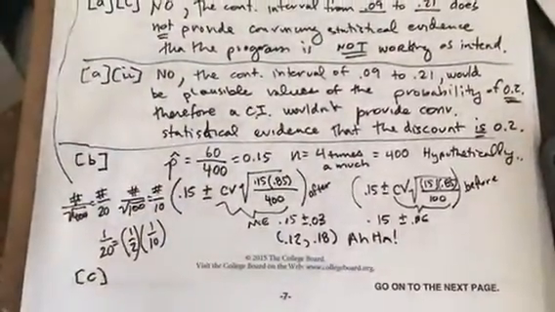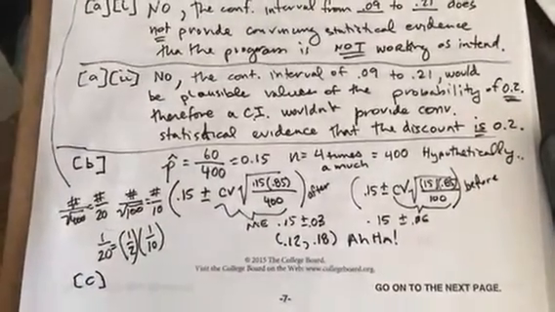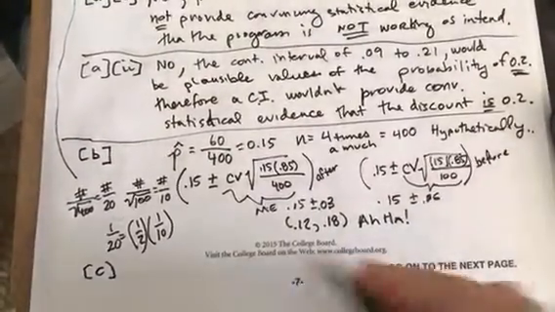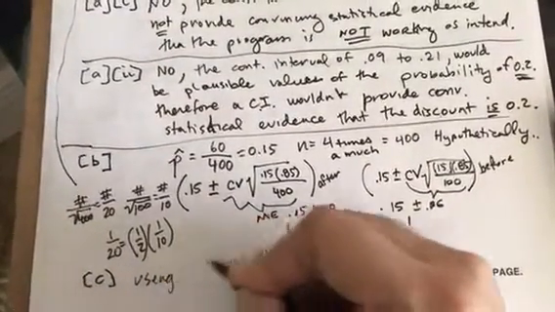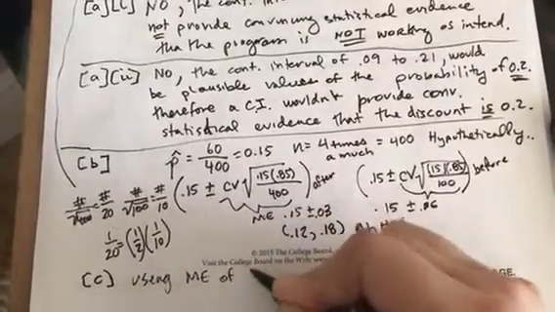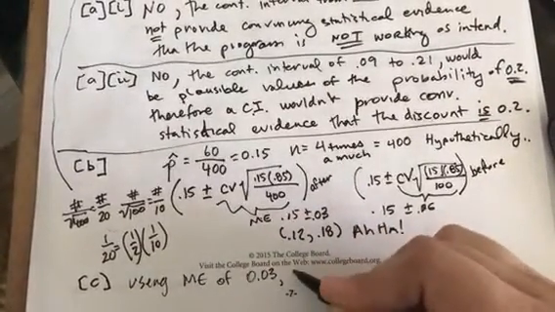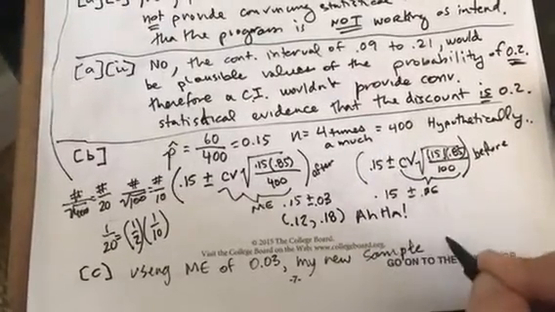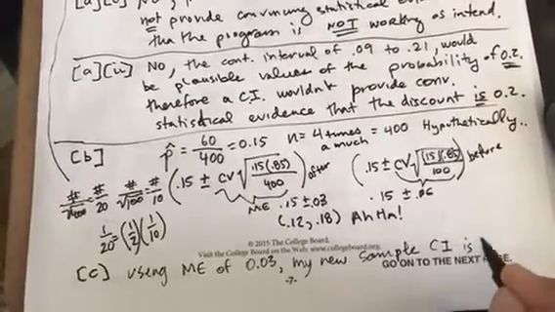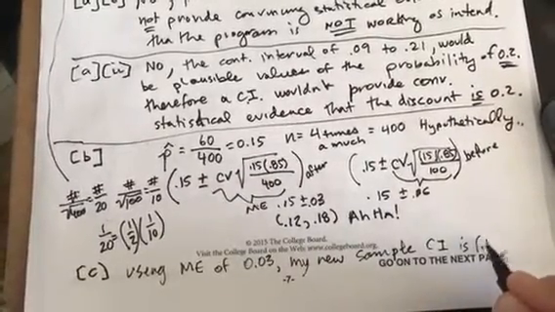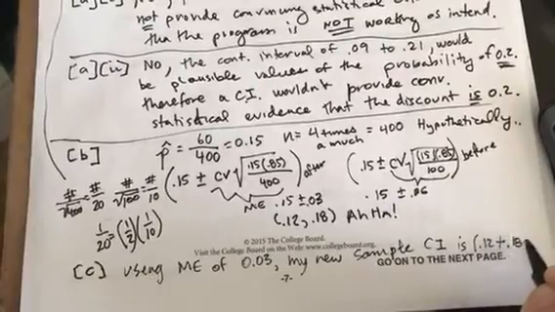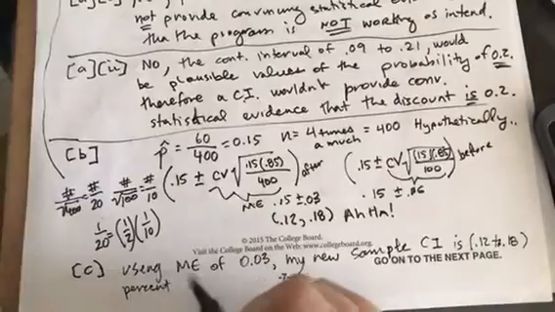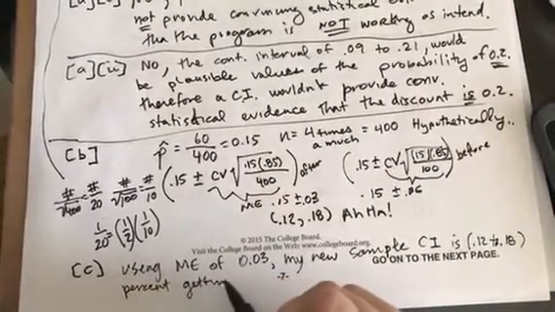So in my conclusion statement, I'm going to say, using the margin of error of 0.03, my new sample confidence interval is 0.12 to 0.18 getting the discount.